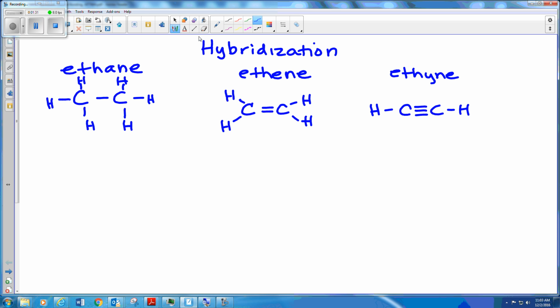So next we're going to talk a little bit about orbital overlap. There are 2 major types of bonds that we're going to be talking about today. The first one involves end-to-end overlap of 2 s orbitals.